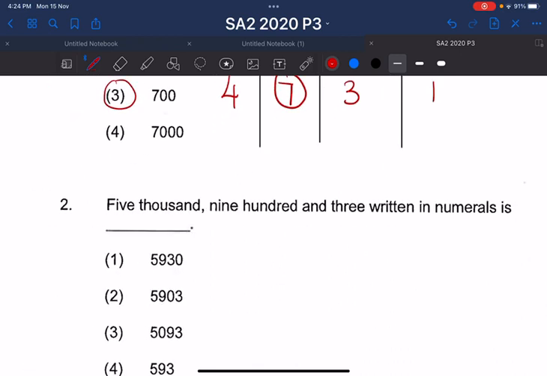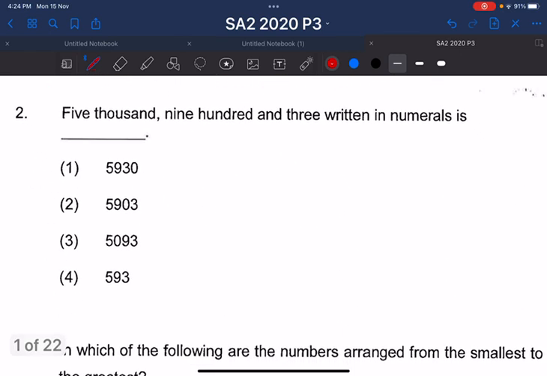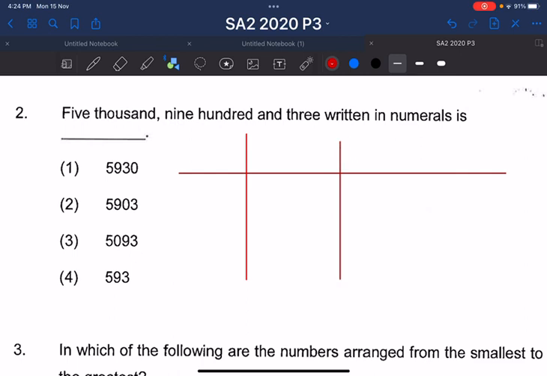Question number 2. 5,903. Now again, if you would like to, you can also continue with the place value chart. And one tip is to actually write them in short form: O for ones, T for tens, H for hundreds, and because thousand is another T, we can put it as TH for thousands.